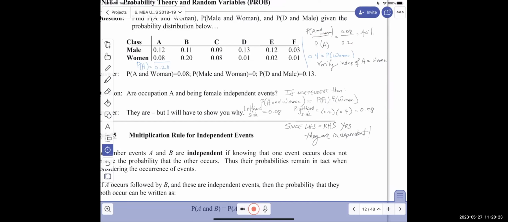Yes, it is. So the probability of being a woman inside of A is the same as being a woman in general. The probability didn't change, and that's how I know they're independent.